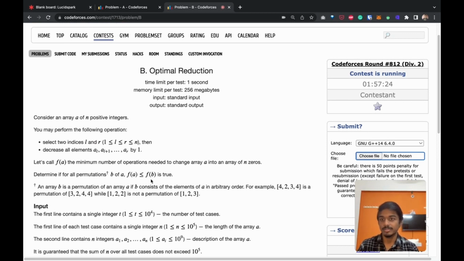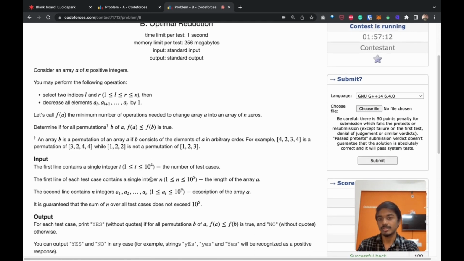Consider an array of n positive integers. You may perform the following operation: select two integers, then decrease all elements. Let's call f(A) the minimum number of operations needed to change array A into an array of n zeros. Determine it for all permutations. An array B is a permutation of an array A if B consists of the elements of A in arbitrary order. For example, 4 2 3 4 is a permutation of 3 2 4 4. How to change an array into an array of n zeros?